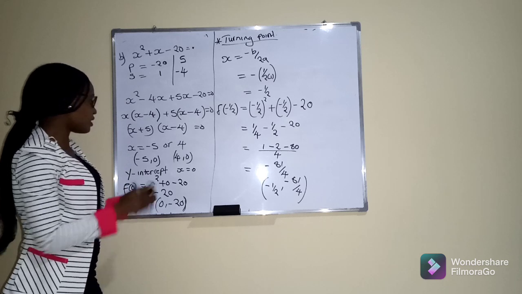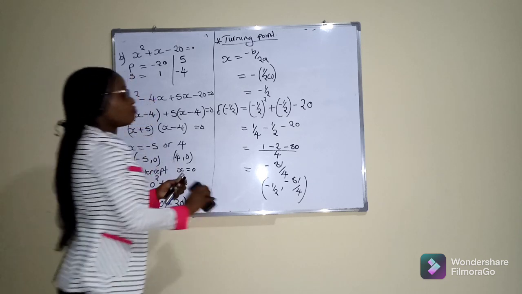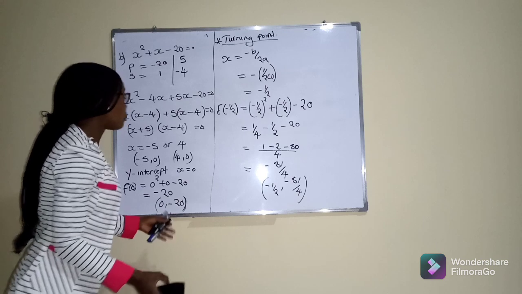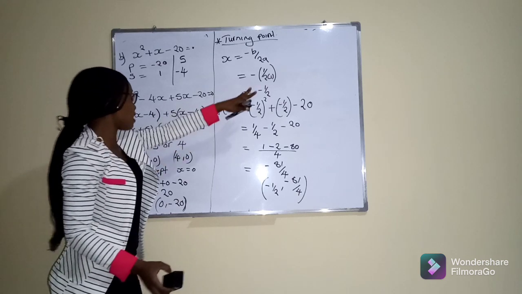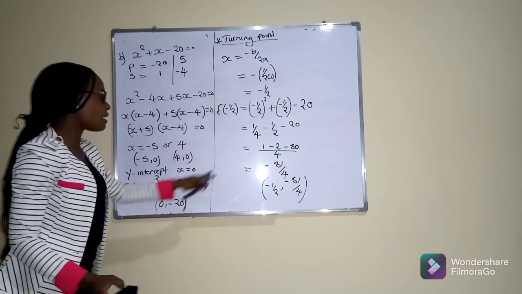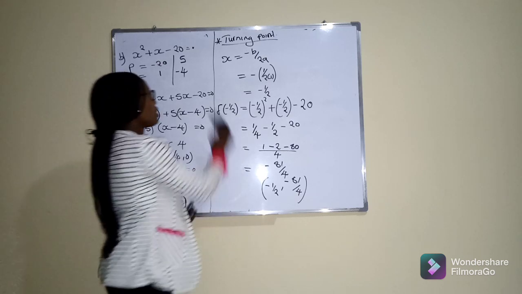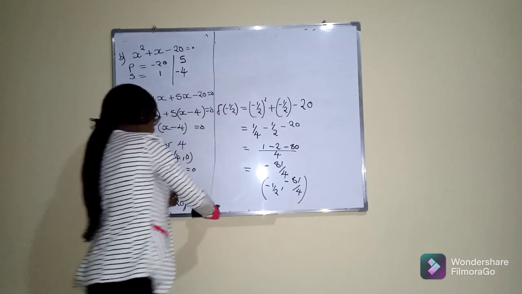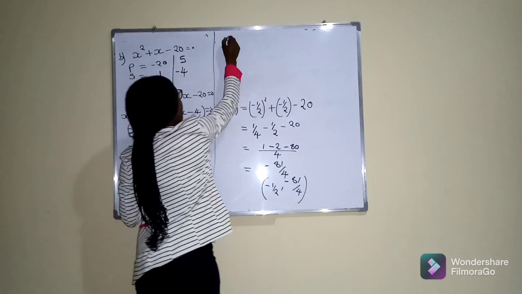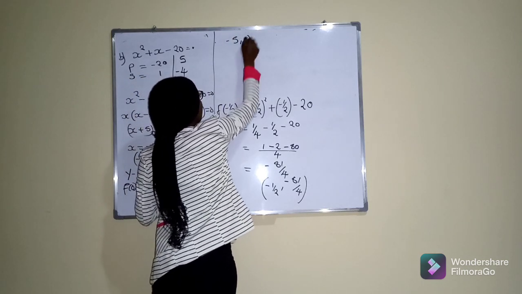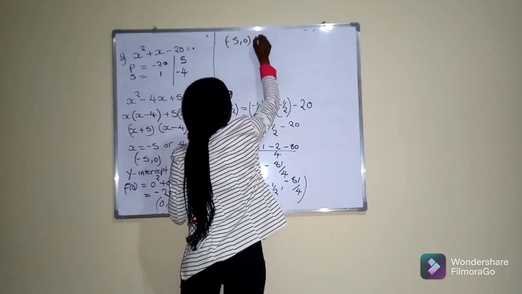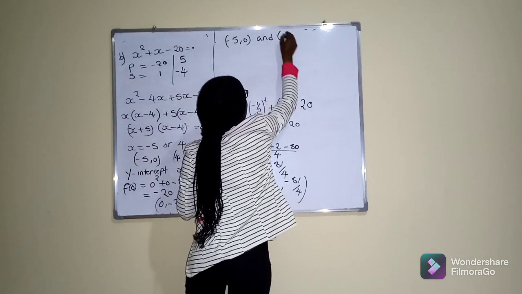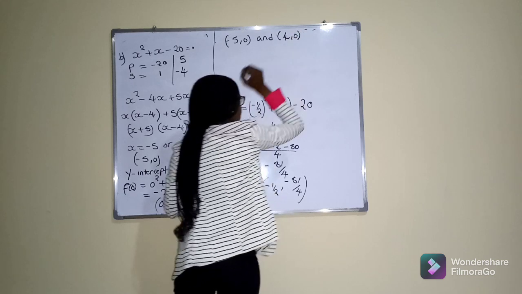Okay, so we have the turning point, we have the y-intercept, as well as the points which we have on the other side. So because of the space that I have on the board, I'm just going to write the points on the other side, the y-intercept, as well as the turning point. So allow me to rub on top. So from what we have, -5, 0 as the points and 4, 0.